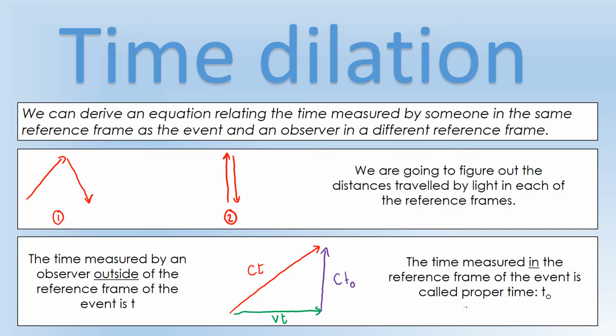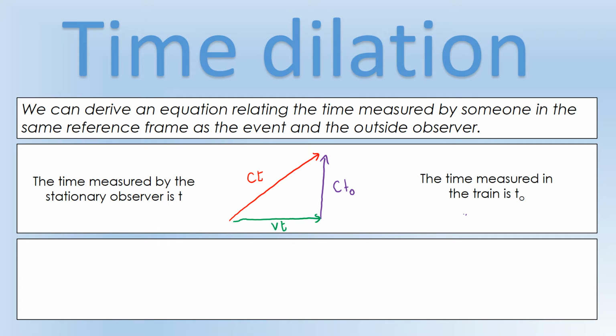So we've made a right-angled triangle, which means we can use some Pythagoras to get an equation relating t and t0. So let's do some calculations. Using Pythagoras, we know that (ct)² is equal to (vt)² plus (ct0)², just because we've made a right-angled triangle.